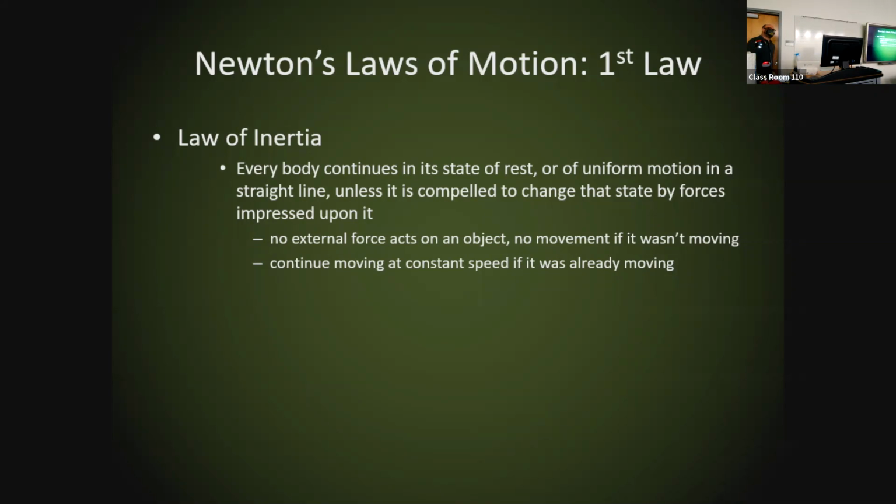If it was already moving, it's going to continue to move at a constant speed. This is the one that is summed up a lot of times by saying body in motion stays in motion, body at rest stays at rest. Again, if there was an external force acting upon it, then something will change about it.